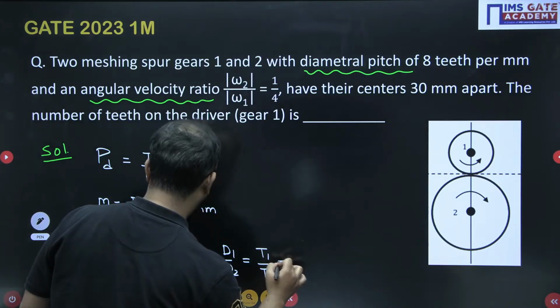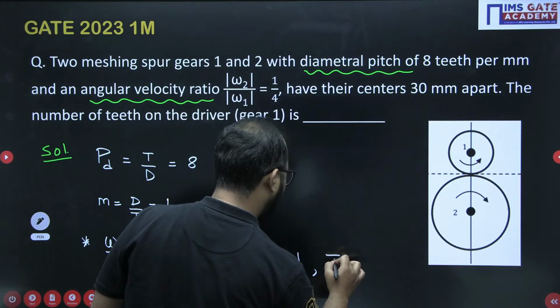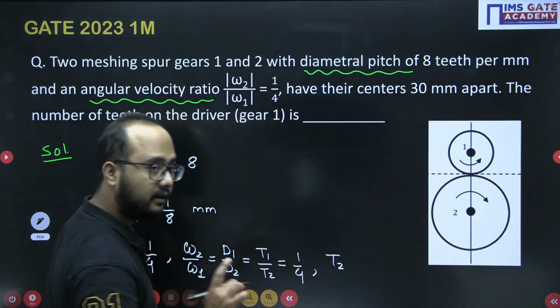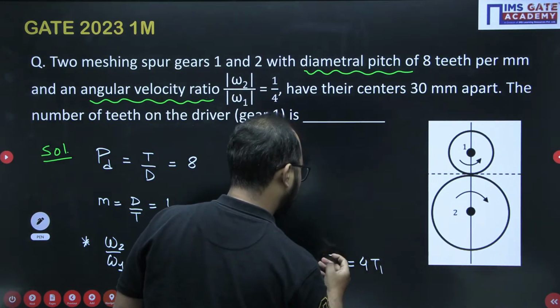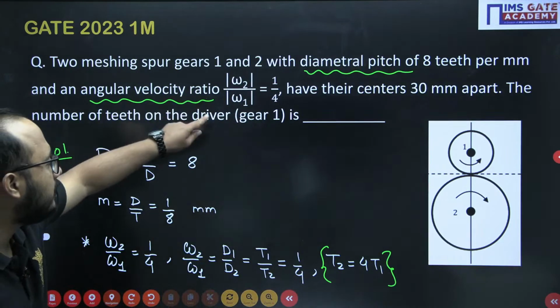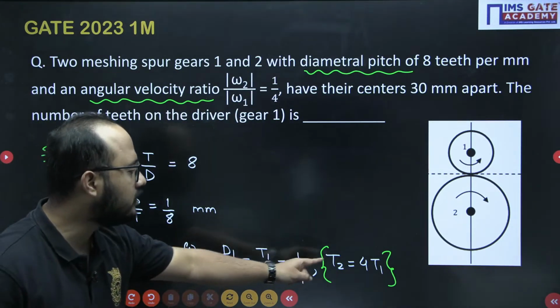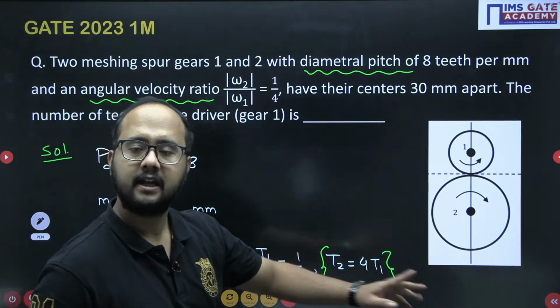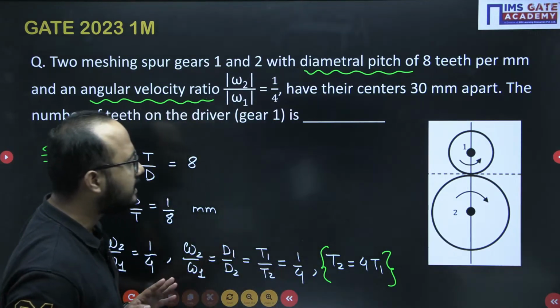So T1 by T2 is actually 1 by 4. From that we get T2 as 4 times T1. This is the information we got. So from the omega 2 by omega 1 ratio, what conclusion can I draw? T2 is 4 times T1. That much analysis we need to do.